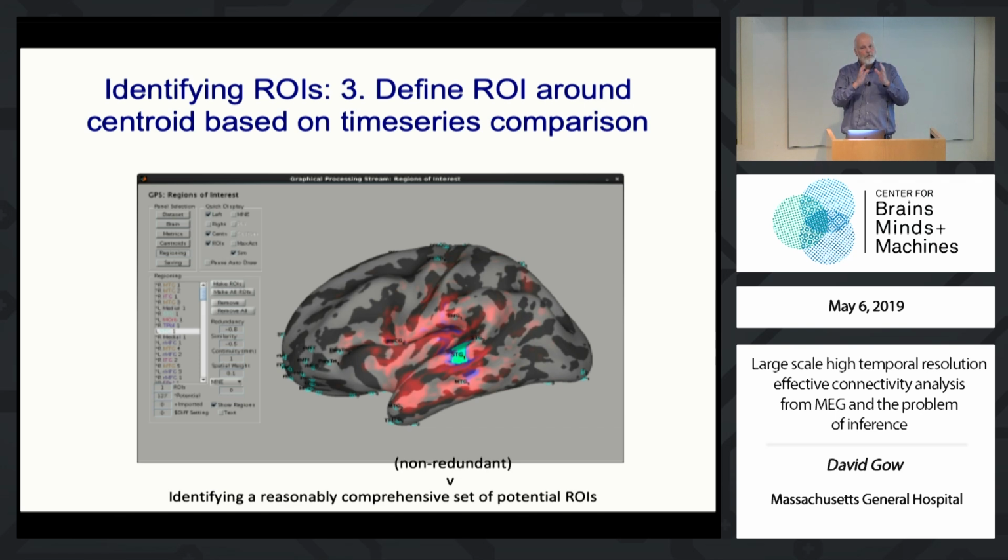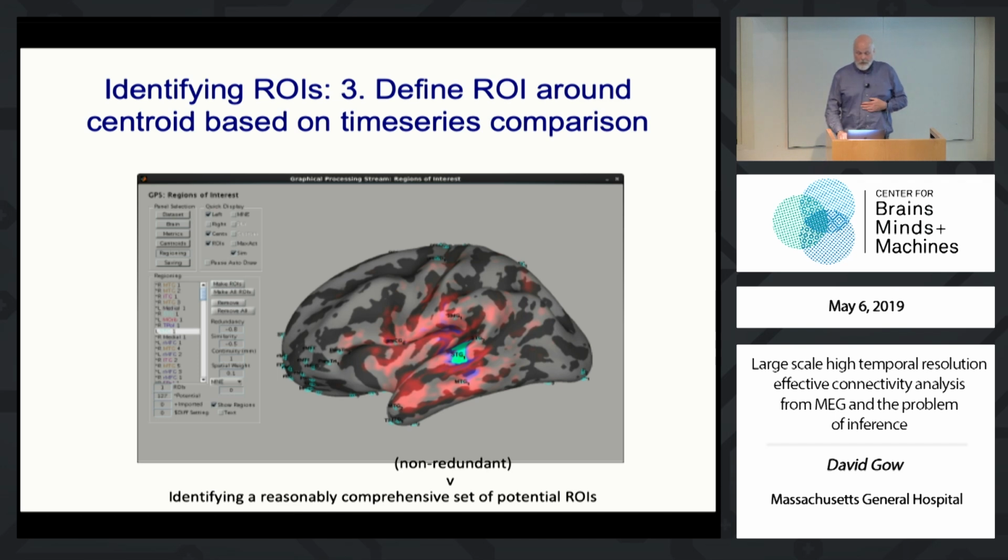So we'll grow them out as long as they're similar within some reasonable bounds. And we have not done any kind of formal optimization around this. We've been using this technique for about 10 years now, and we've got some settings which we don't tend to play with because they tend to be pretty reliable. So that's how we get ROIs that meet our standard of being relatively exhaustive and non-redundant.